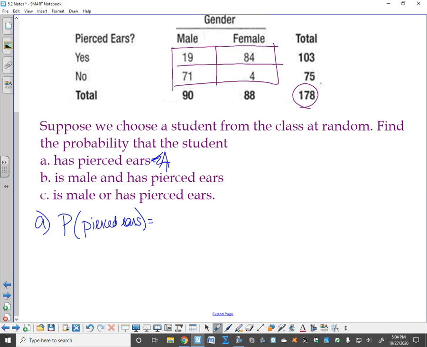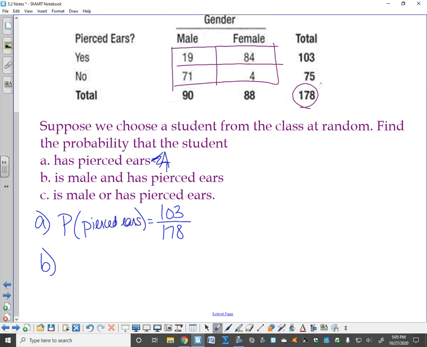Looking at my table, I have 178 people, and 103 of them have pierced ears. So 103 favorable outcomes out of 178 total outcomes. You do not have to reduce that. If it's an FRQ, you do not have to reduce it. Multiple choice, you have to do whatever they did. I don't think that reduces anyway.